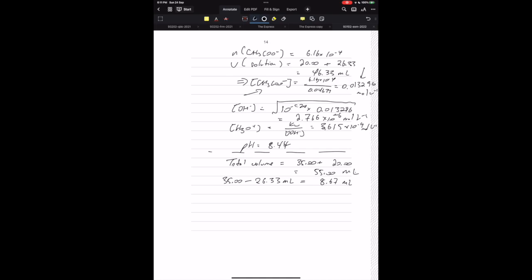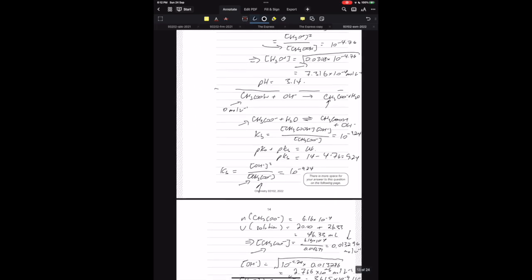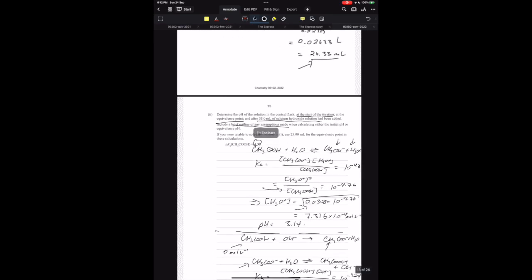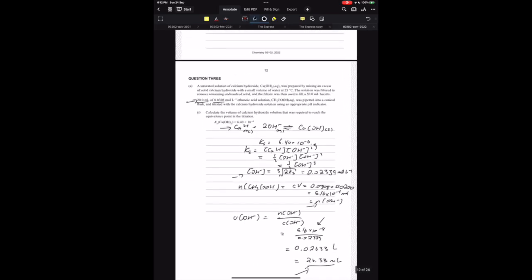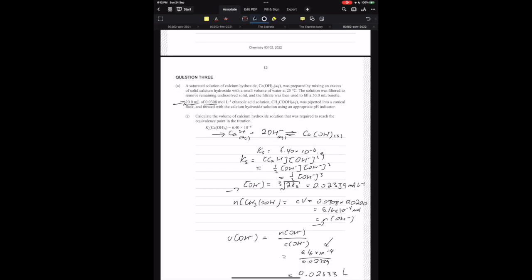So basically, we have the unreacted OH minus, or number of moles of OH minus, and that's equal to 0.00867, the volume in liters, times its concentration. So let's see, where is the concentration?